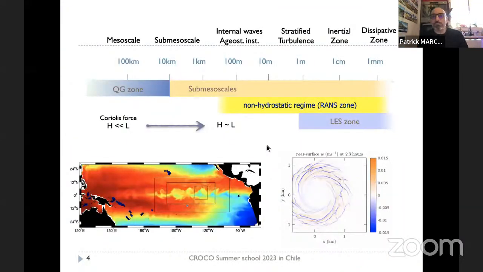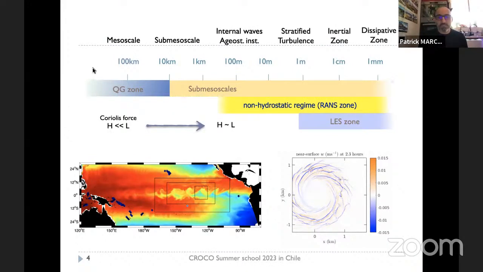Maybe one way to look at that is to draw a schematic view of the scales of the ocean and the various processes that we expect along these scales, from the mesoscale all the way down to the dissipation scale to the right.